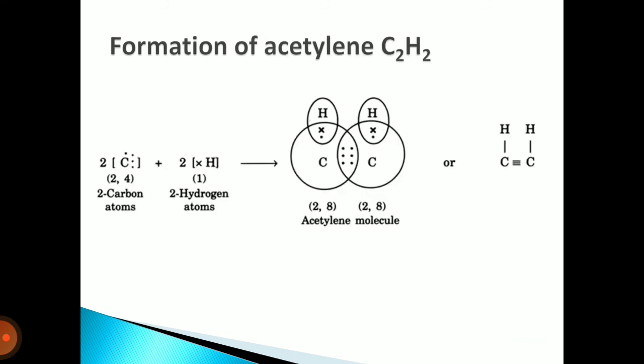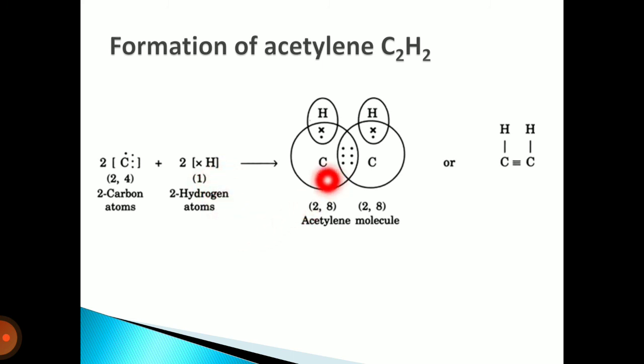Next example of triple covalent bond is formation of acetylene molecule C2H2. There is a triple covalent bond between the two carbon atoms. So 2 carbon atoms are shown here with 4 valence electrons and 2 hydrogen atoms are shown here with 1 valence electron.